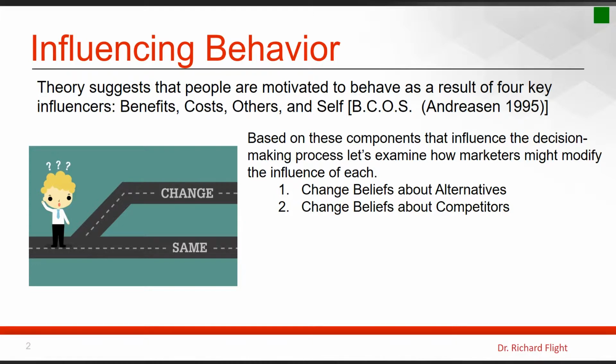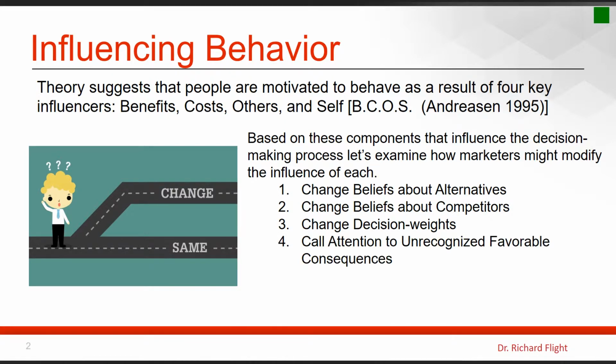Also, as I mentioned, we may want to influence how the consumer makes a decision about competitors. And there's an idea called a decision weight. Consumers use criteria to compare options to make a decision, and they often use decision weights. If we can alter those, that would be a good thing.